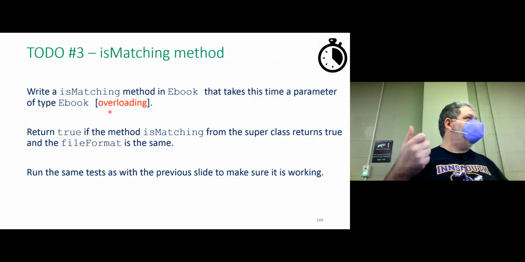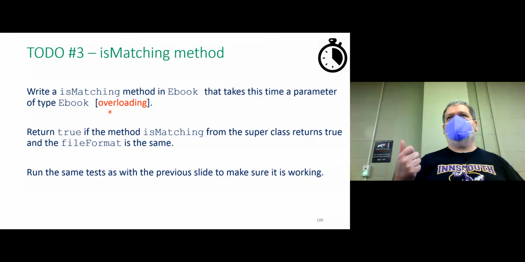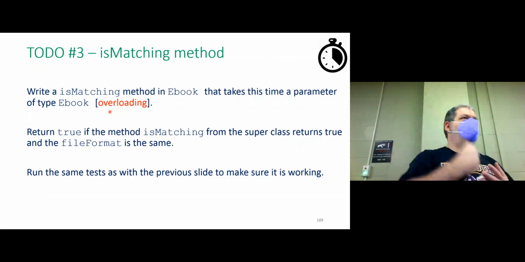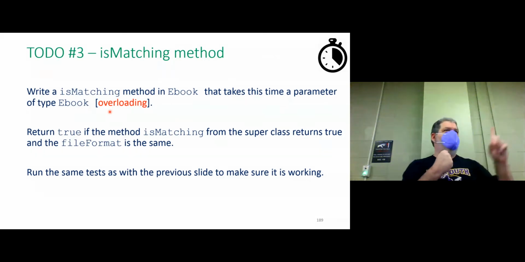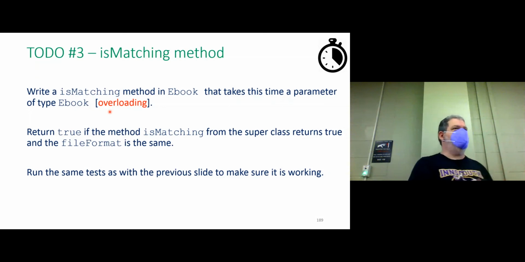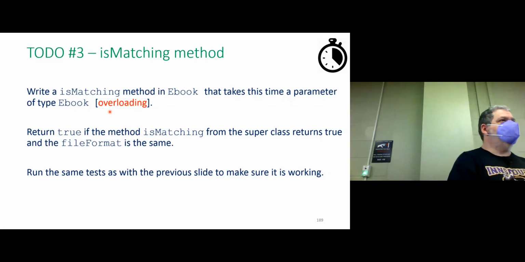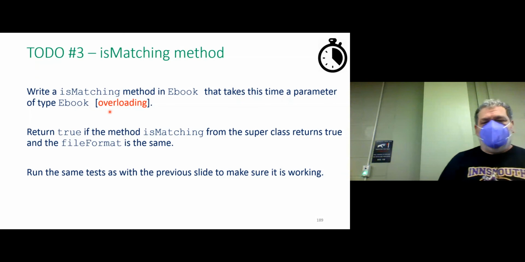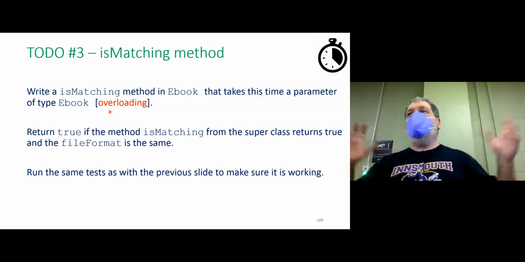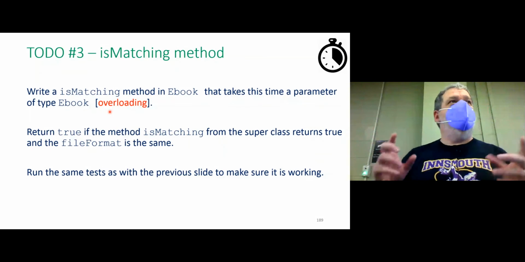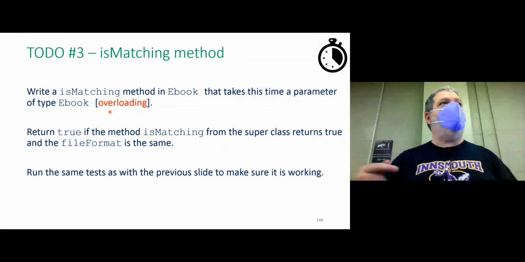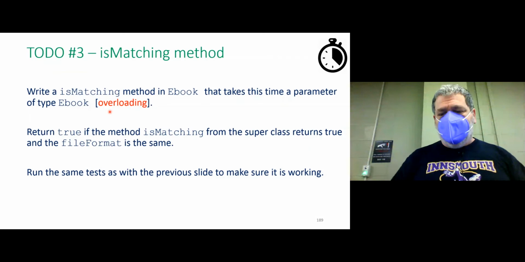Proper chaining, right, delegating to what the superclass is supposed to be in charge of. And then once those three attributes have been compared, if the comparison was true, the last check we need to do is to check that two ebooks are the same if they use the same file format. And that's it. Okay? So again, the code is not going to be huge. It's going to be very, very terse. But the difficulty is in really understanding how the chaining is working.